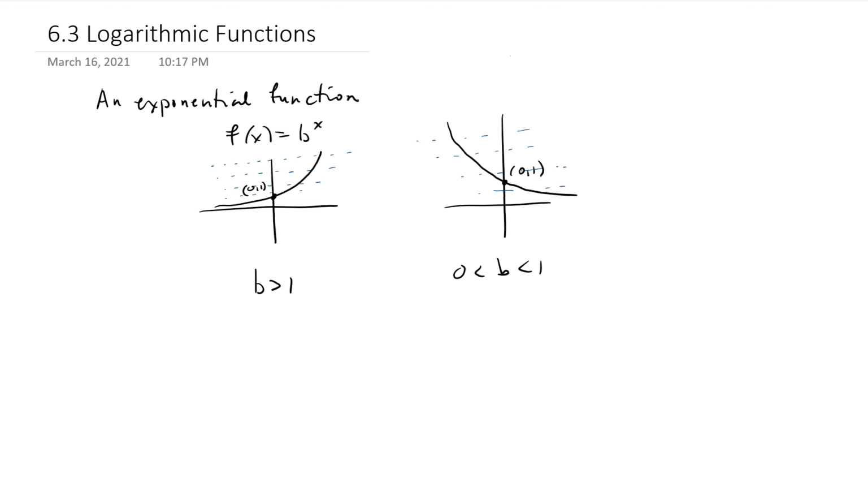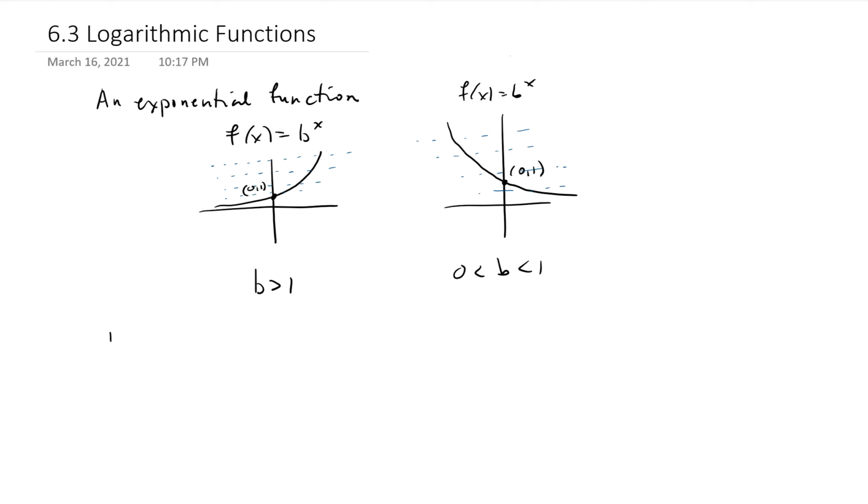And if you remember, this horizontal line test is a test we perform to decide if a function is one-to-one. So that makes our function f of x equals b to the x, no matter what the case is, a one-to-one function.